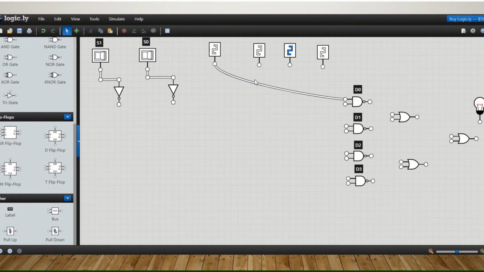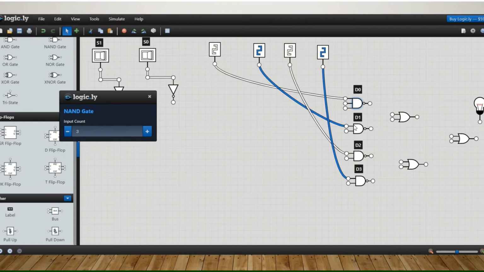We'll give the circuit connections. Next, we are changing the 2-input NAND gate to 3-input NAND gate.